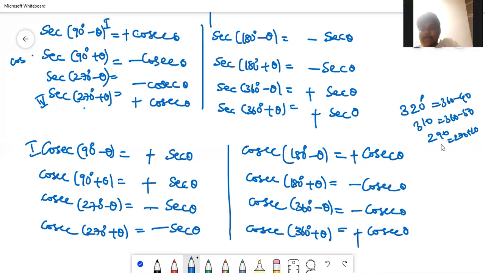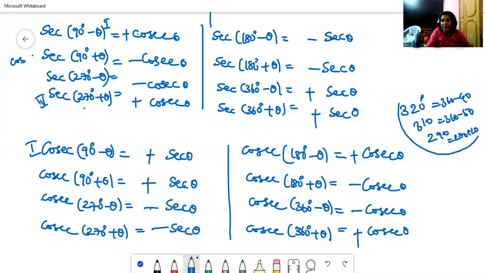In such cases, we use these functions and concentrate on the quadrant, since different functions have different signs.